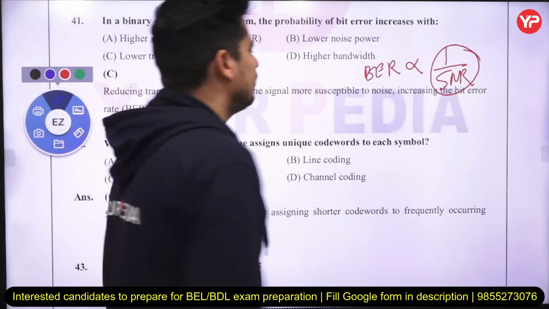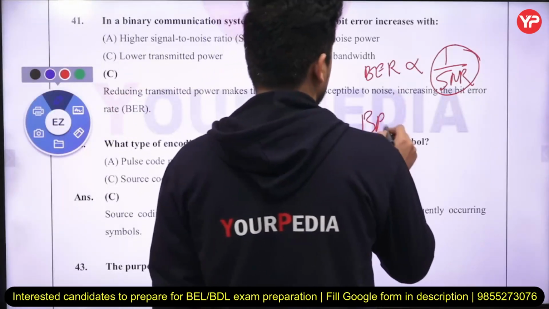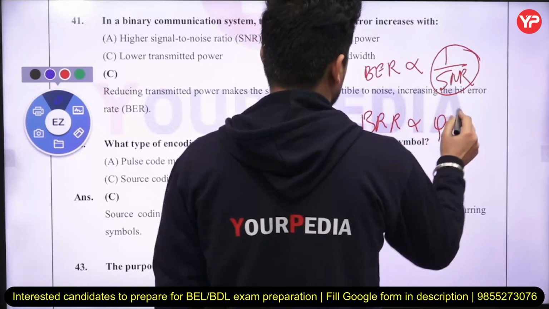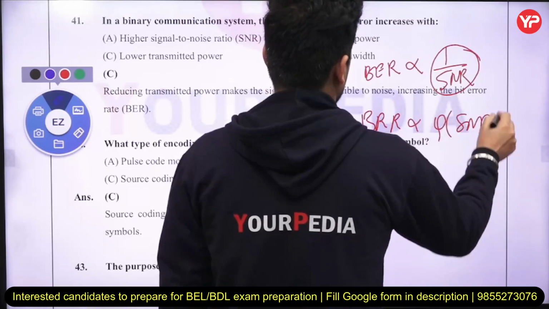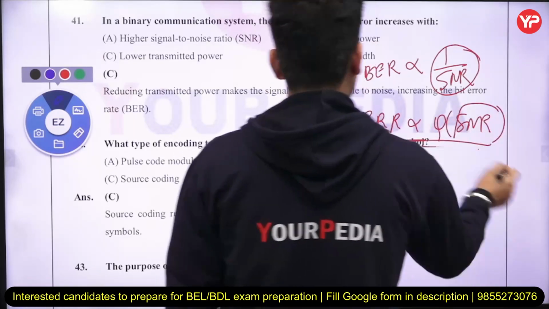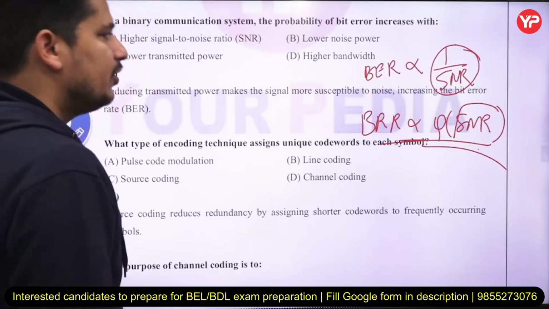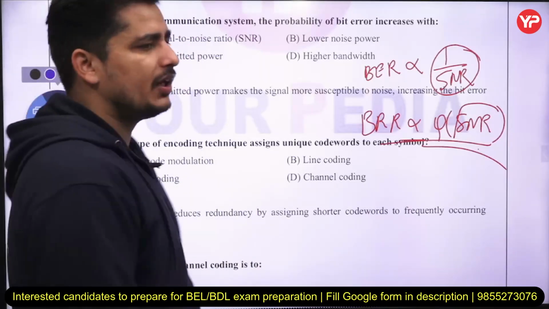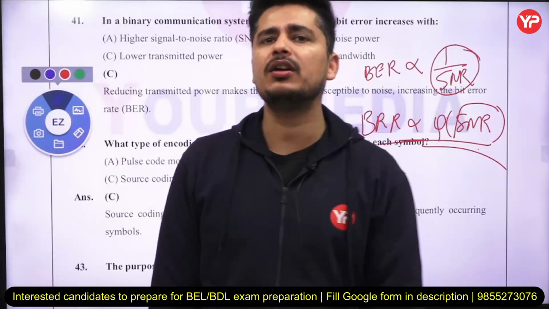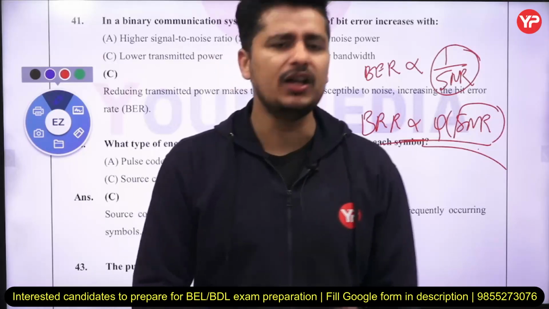That will be in the form of the bit error rate being proportional to the Q function of SNR, something like this. But remember one thing, there is an opposite relation between SNR and bit error rate. Whenever you increase the SNR, bit error rate will decrease.